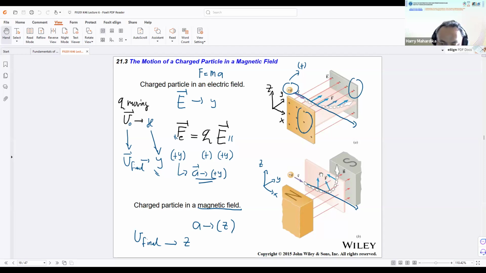So the difference between the influence of E and the influence of B on a charged particle can be seen here. The direction of F for an electric field is pointing in the same direction as the field.